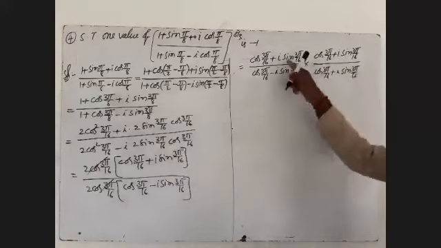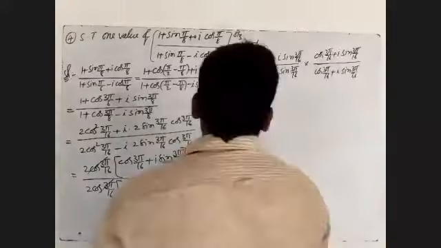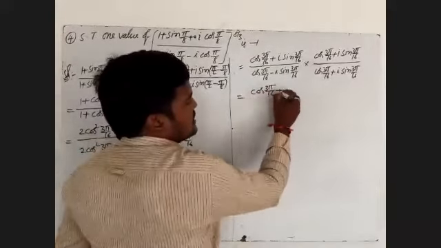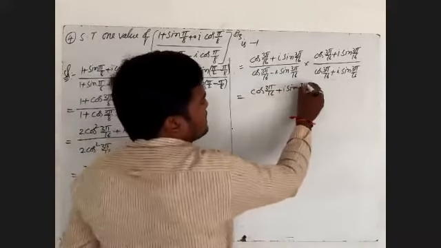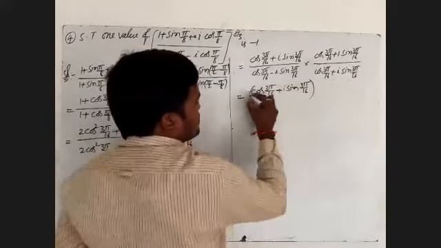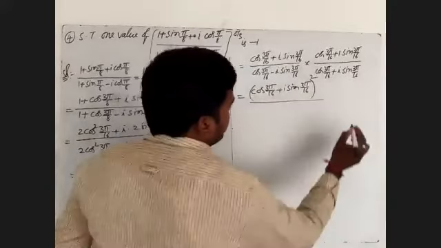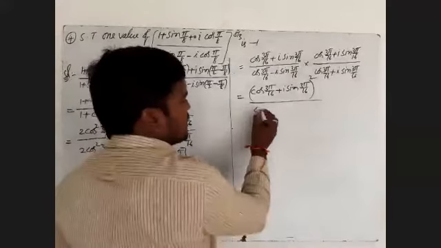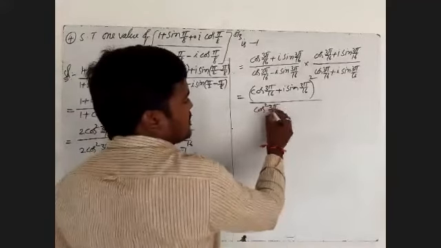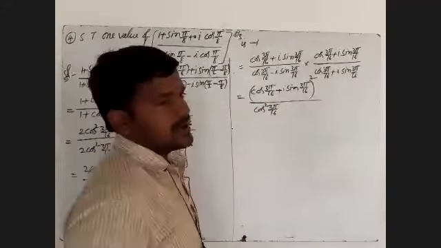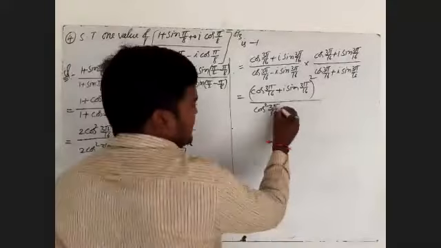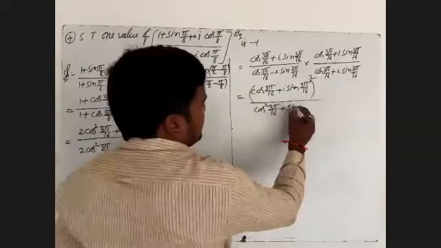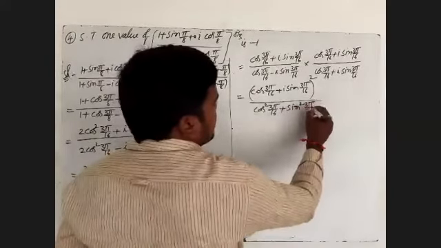We will observe a into a will be a square, that is (cos 3π/16 + i sin 3π/16) whole square, over the denominator, which is of the form (a + b)(a − b): cos² 3π/16, and i into i becomes i², whose value is minus 1, minus into minus is plus, so remaining is sin² 3π/16.